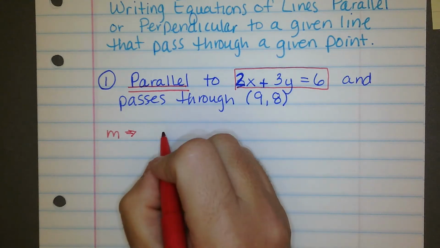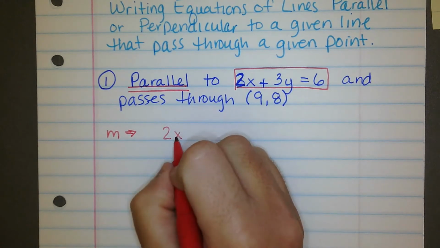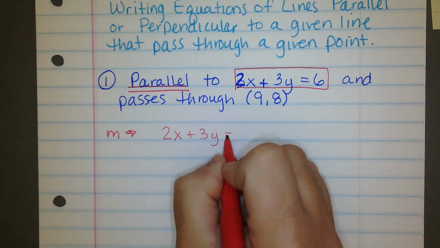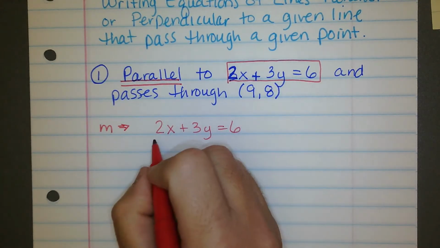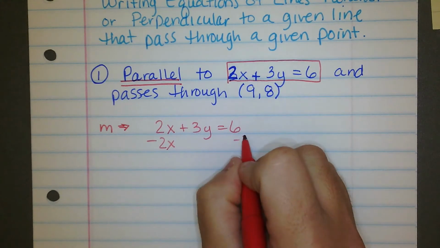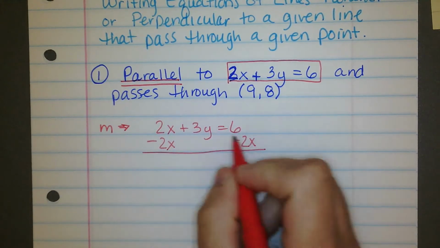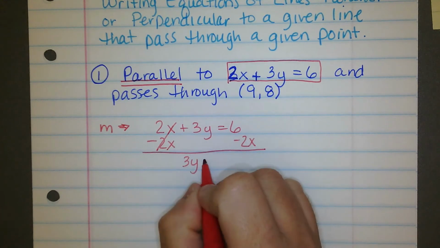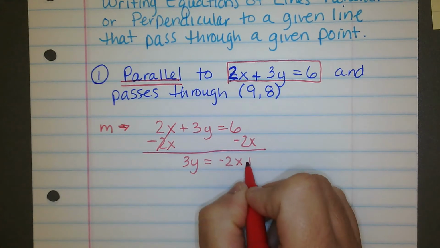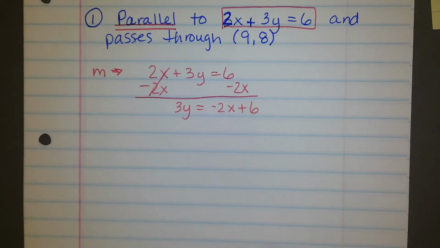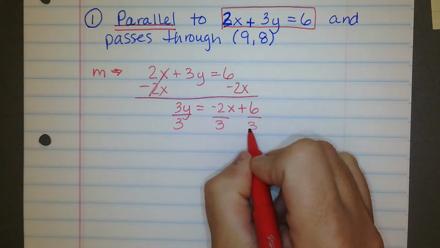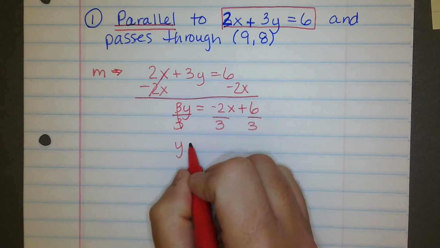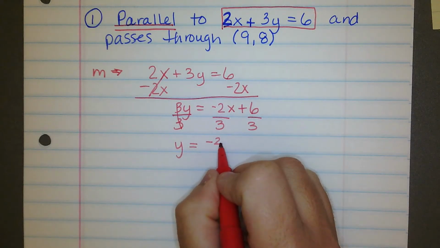So I'm going to do 2x plus 3y equals 6. And I'm going to get this in slope-intercept form. So I'm going to move the x over by subtracting it. This gives me 3y equals negative 2x plus 6. Then I'm going to divide everything through by 3. I'm getting the slope for us to use in this equation.